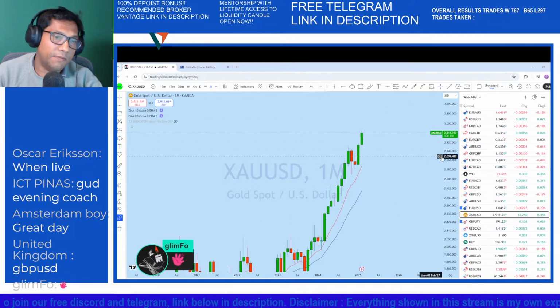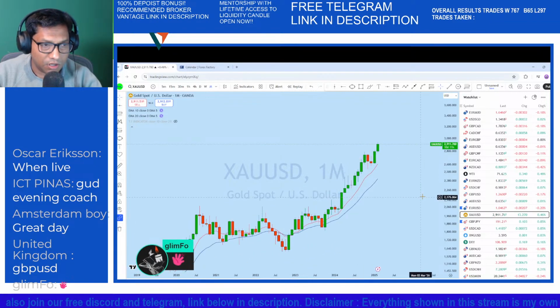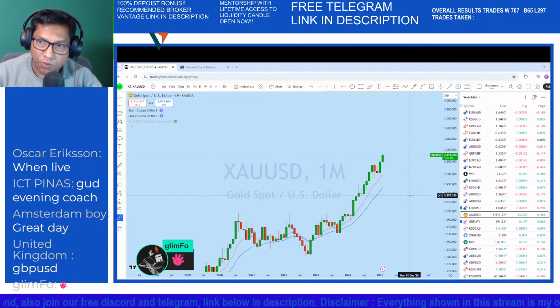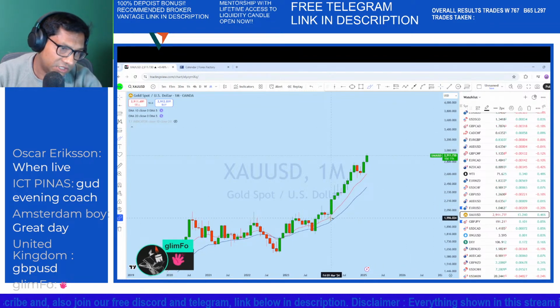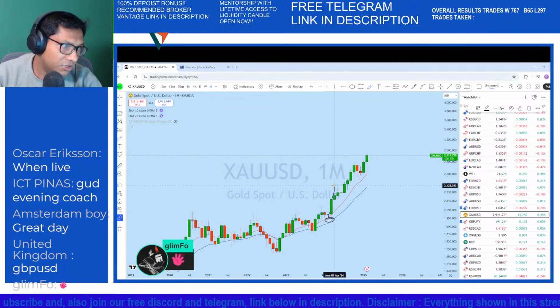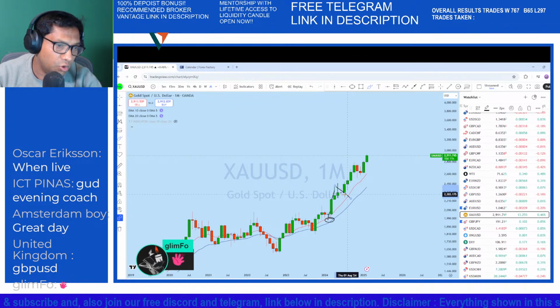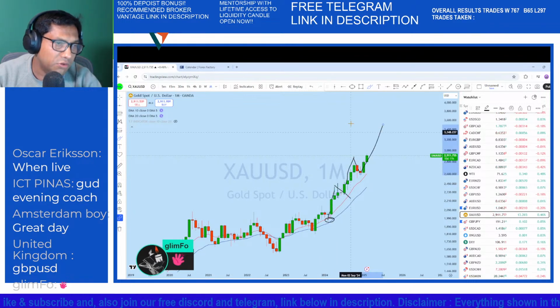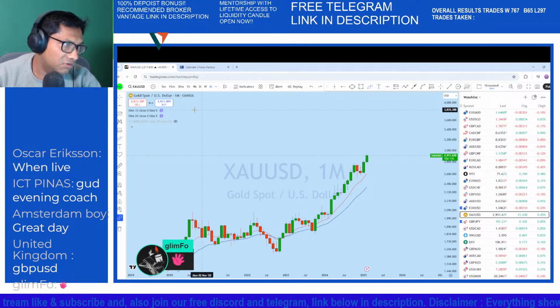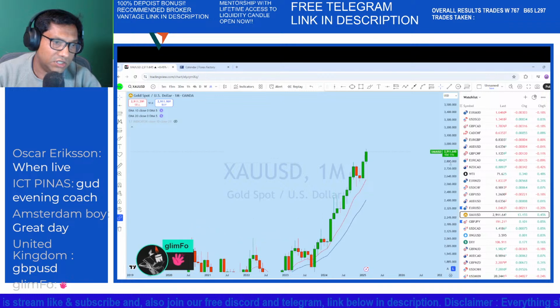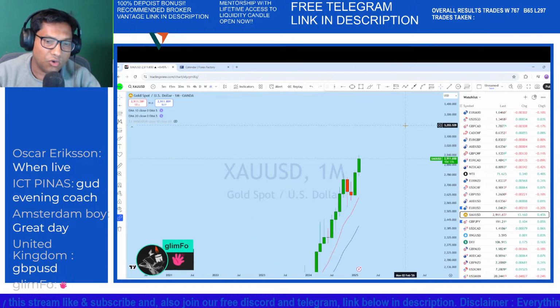Let's begin first of all. We'll be looking at the bigger picture to see which way we might find the smaller picture. Looking at the bigger picture from here, you can see this is an impulse on the monthly, followed by this pullback, another impulse, pullback, another impulse. It is in another impulsive phase on XAUUSD. Now this is the current monthly candle so far.